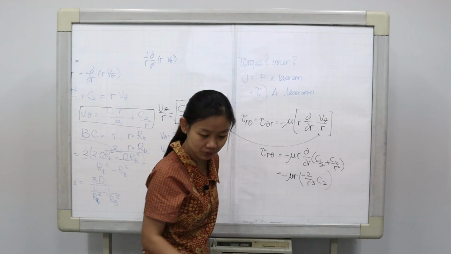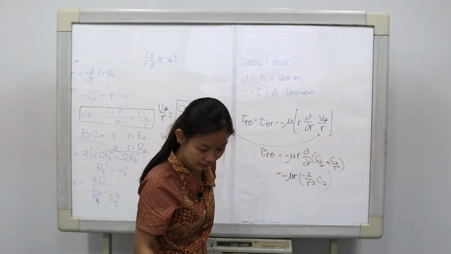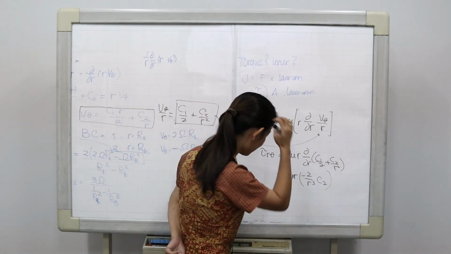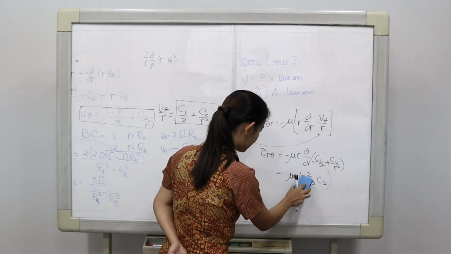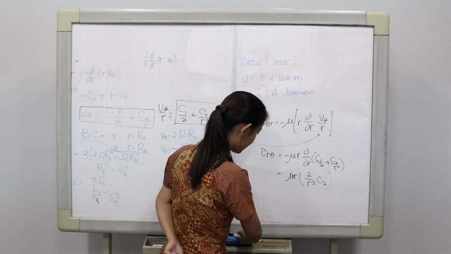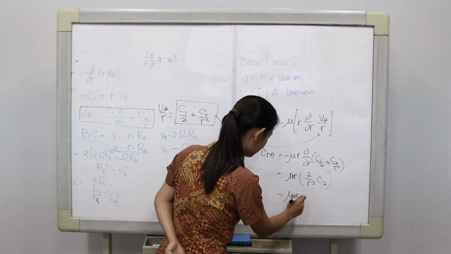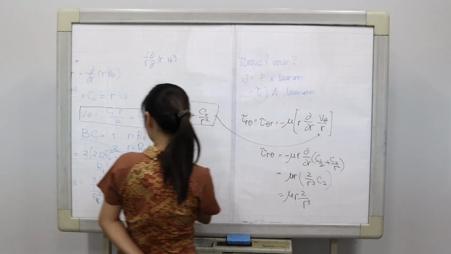Minus 2 over r cubed. Okay, C2. I think it's correct. But negative and negative, yes, positive. Now we just need to put what is C2. Mu r times 2 over r cubed. What is C2?